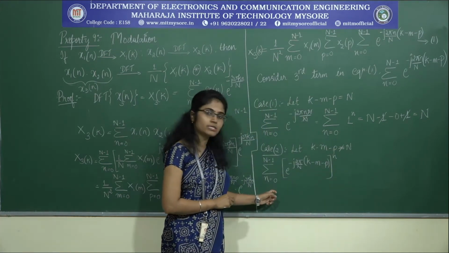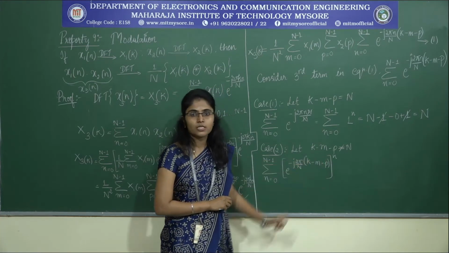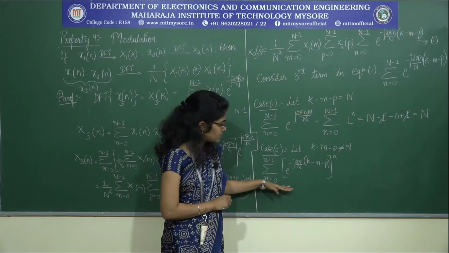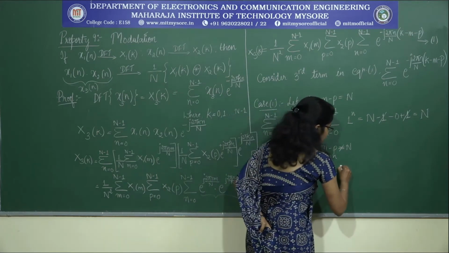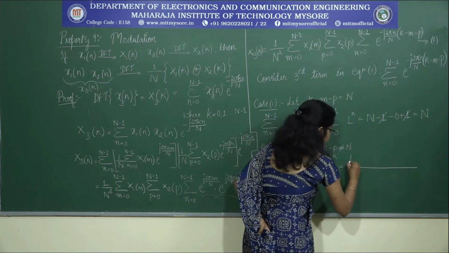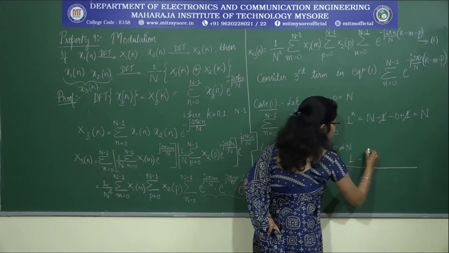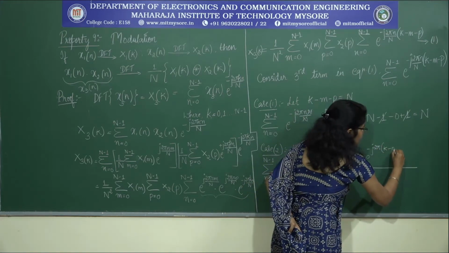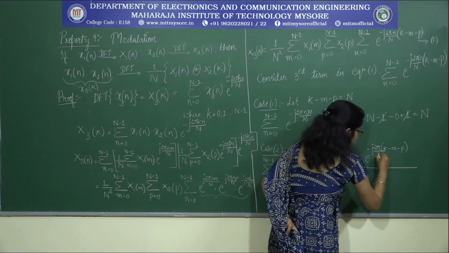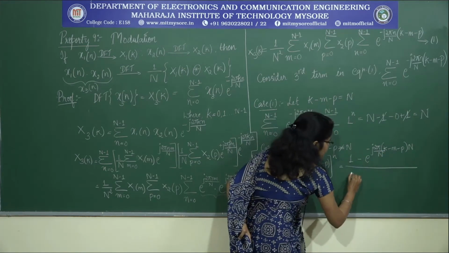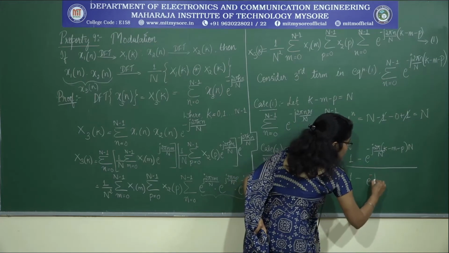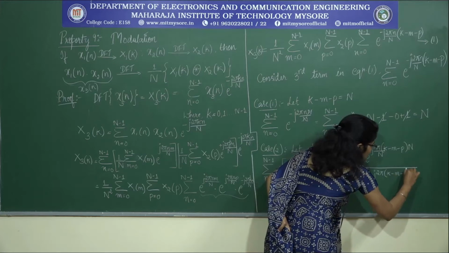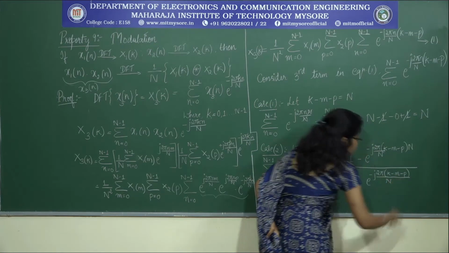Again, this is similar to the standard formula a power n, which is equal to 1 minus a power N divided by 1 minus a. Let us apply the same formula to this one. If we apply and rewrite, I can write it as 1 minus e power minus j 2 pi k minus m minus p divided by N, divided by 1 minus e power minus j 2 pi k minus m minus p divided by N.